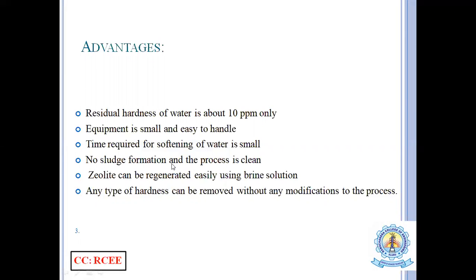Why? Because the entire process is an exchanging process. Calcium and magnesium are exchanged by the sodium ions present in the zeolite. The zeolite can be regenerated easily by the brine solution, that is 10% NaCl solution, without any modification of the process. That's all about the zeolite process.